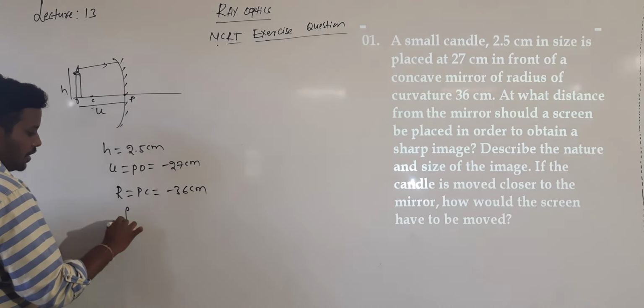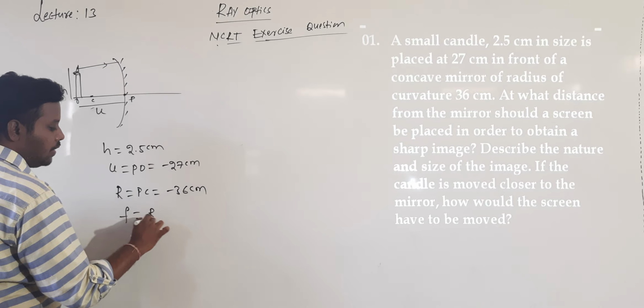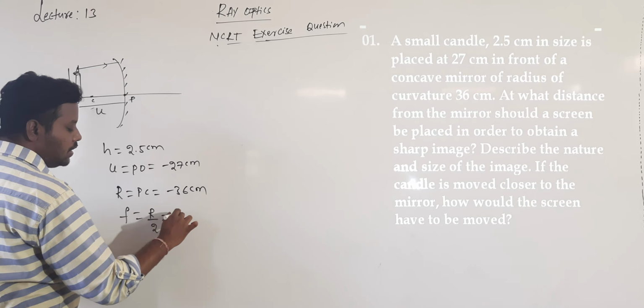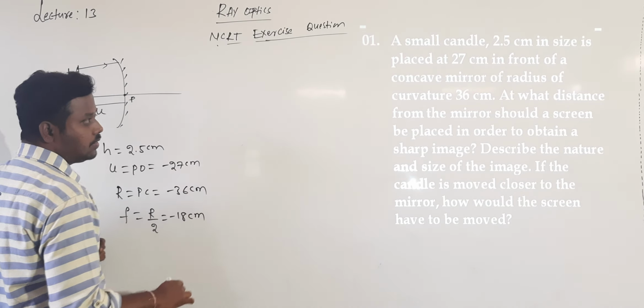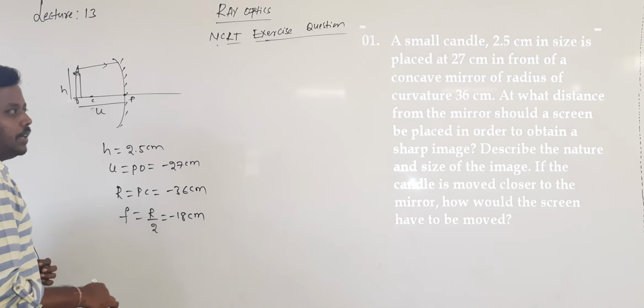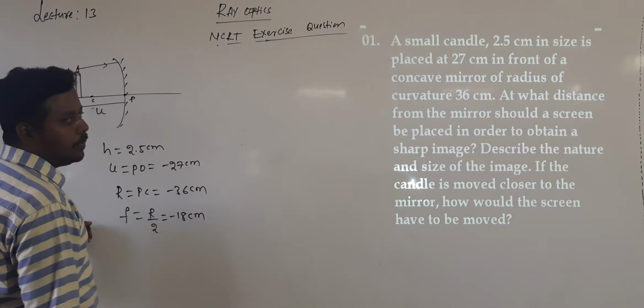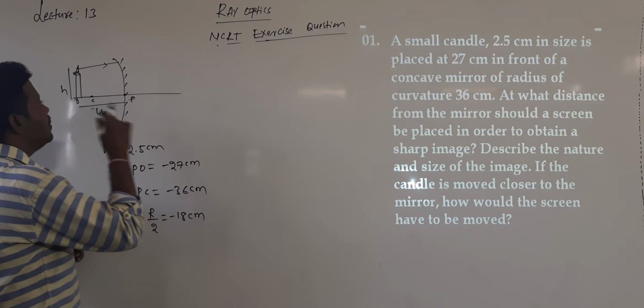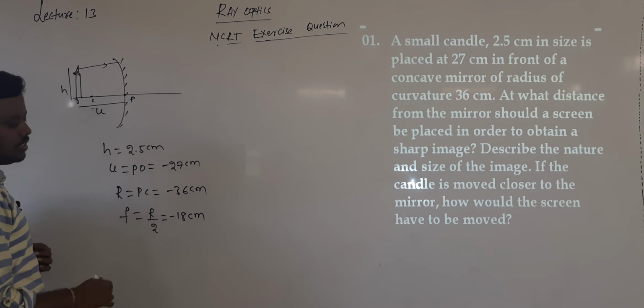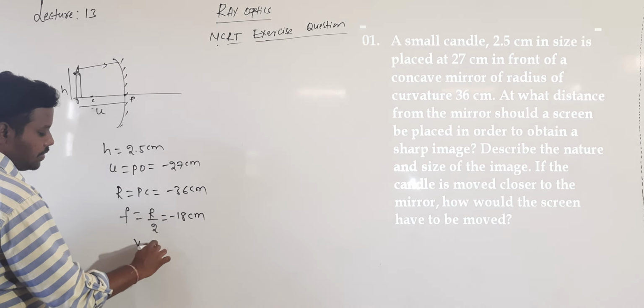When the radius of curvature is given, I can calculate the focal length, which is r by 2, that is minus 18 centimeters. Now, what they are asking: at what distance from the mirror should a screen be placed? That means, what is the distance of the image?